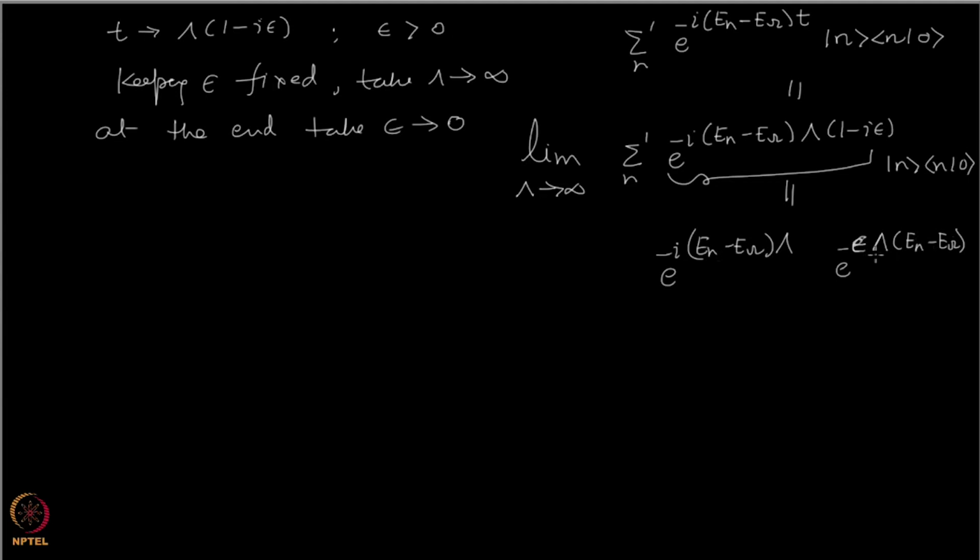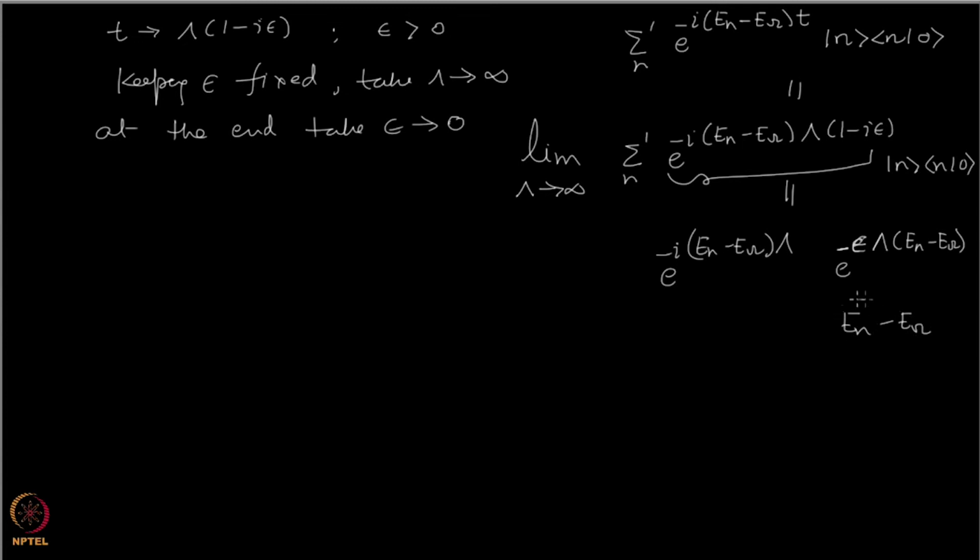Now you see that as you take lambda to infinity, keeping epsilon fixed, so epsilon is some small number but a fixed number, this piece gives you an exponential suppression because E_n minus E_omega is positive. The lowest energy state has energy E_omega, that's the ground state.